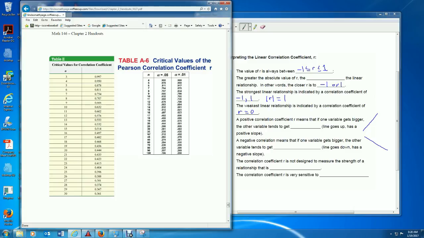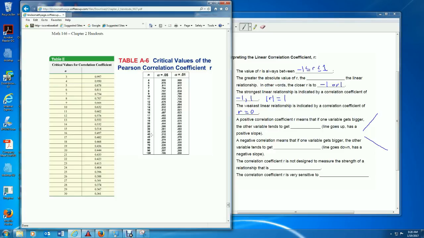So on that table, if you come down to 40, what you want to do is just X out this column. Okay, we're not going to use this column. We're only going to use this column, which corresponds to the significance and confidence that we want.